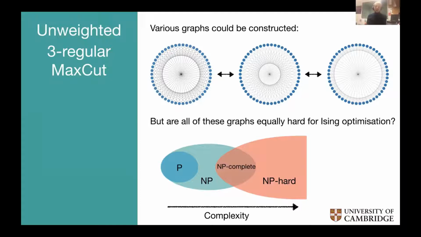We can have problems which belong to the NP class, non-deterministic polynomial time, and we can have the hardest problems here on the right side. And the thing is that even if your problem is proven to be NP-hard, it doesn't mean that any instance that is generated from this class of problems will be actually hard to solve.